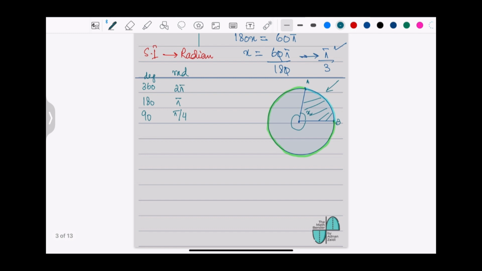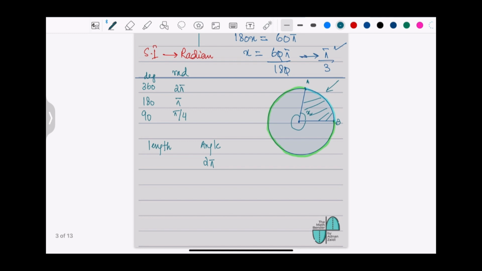So if you have to find out the arc length, let's say we already know the circumference and angle. If the angle is 2 pi radian or 360 degrees, because I'm not finding the formula for angles in degrees, I'm now using radian, so I will talk in these terms only.